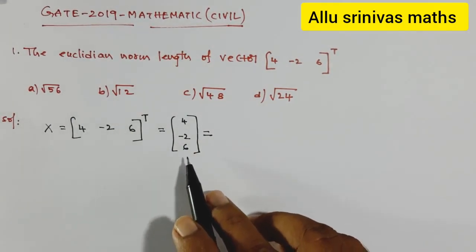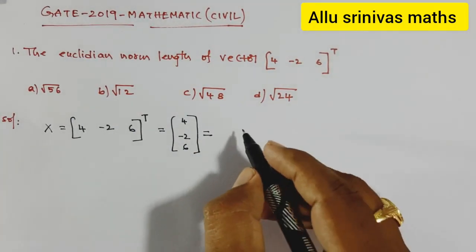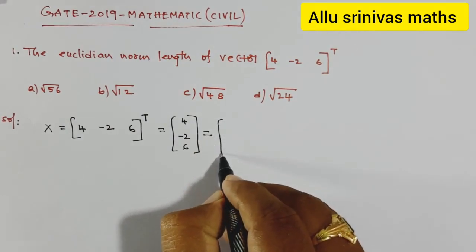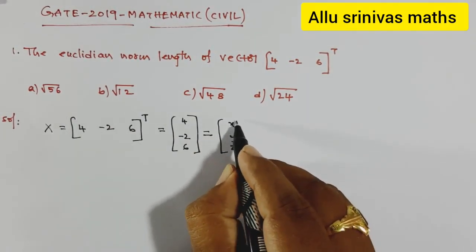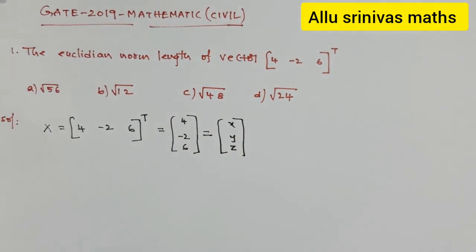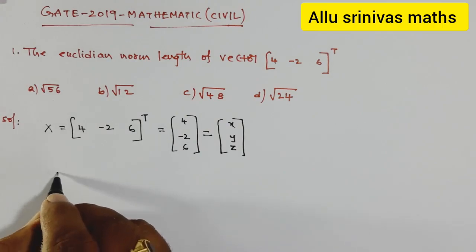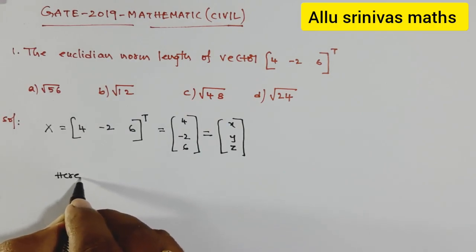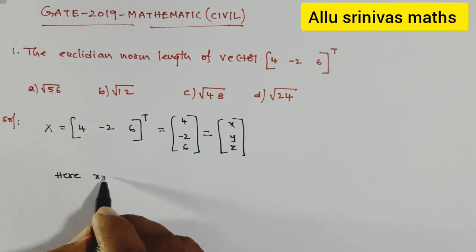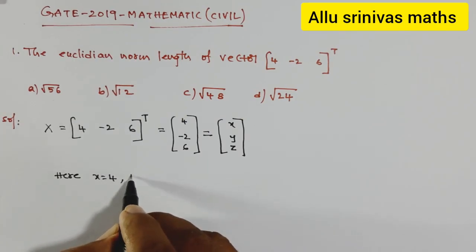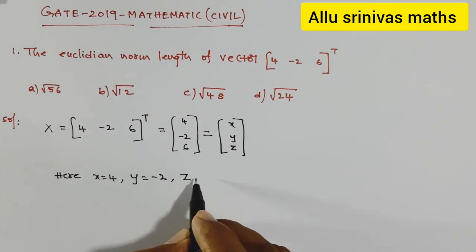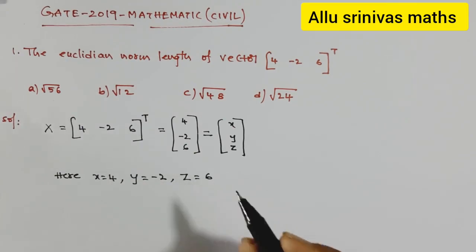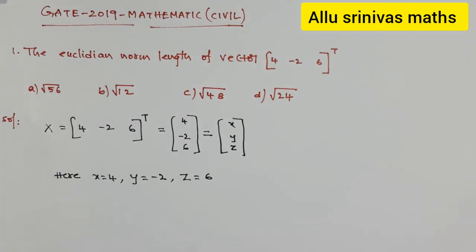Compare this column vector to x, y, z. So comparing, x equal to 4, y equal to -2 and z equal to 6. What do we have to find?